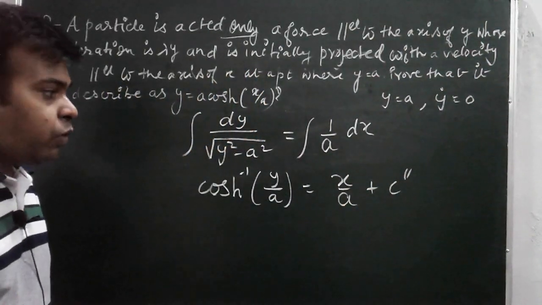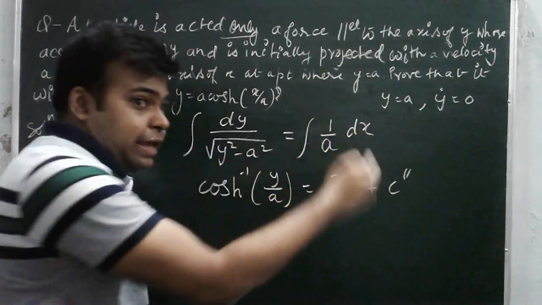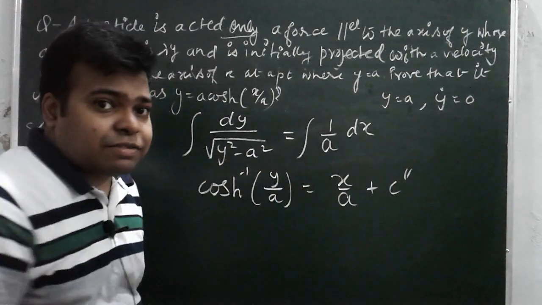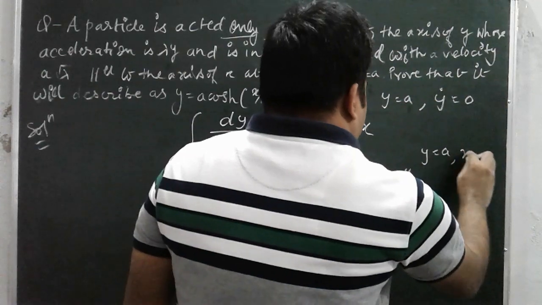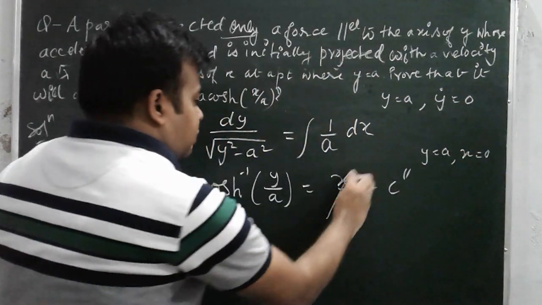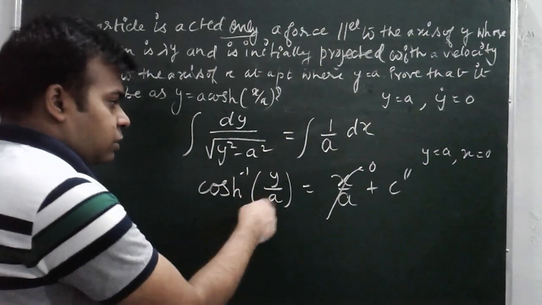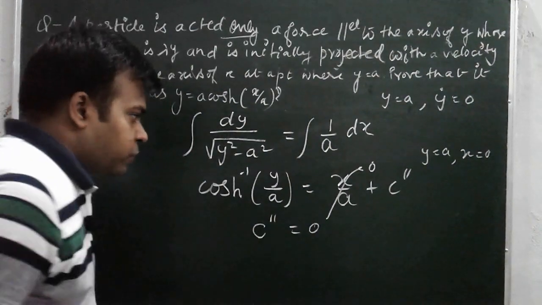Now again applying a boundary condition, when y equals a, this is the initial condition, what will be the value of x? When y equals a, x equals 0. So the left side turns out to be 0, and the right side also turns out to be 0. So we get c double dash equals 0.